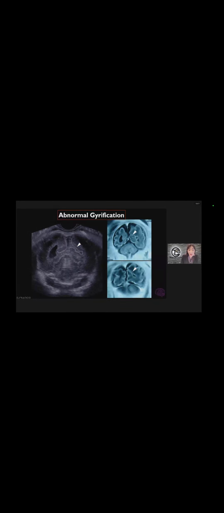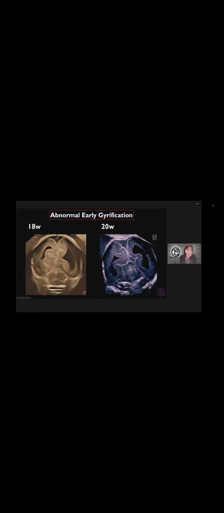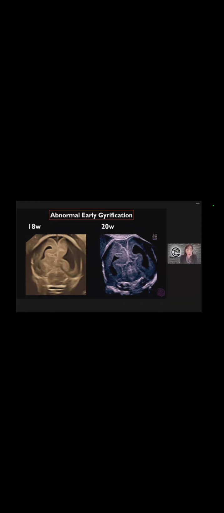And also abnormal gyri outside. This is very abnormal gyrification. In this picture, the ultrasound and MRI, this is abnormal gyrification at 20 weeks of gestation. This is a case of a variant of the paternal UPD.